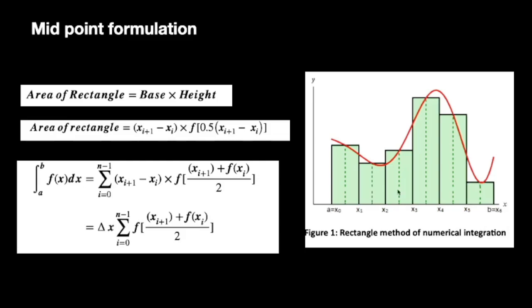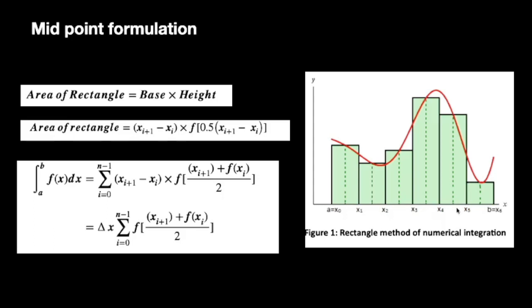So we want to find out the area. When you calculate the integration, you are actually finding the area between the curve and the x-axis. That means this area is to be calculated. Now to calculate this area, what the midpoint formulation does is it divides this entire region on the x-axis from a to b into n number of small intervals.